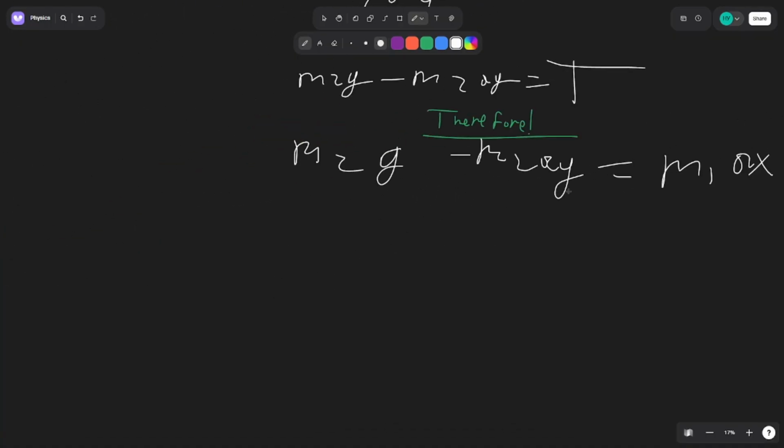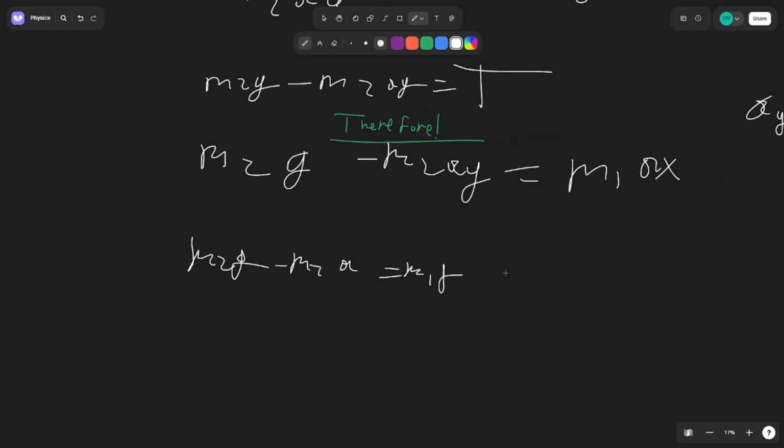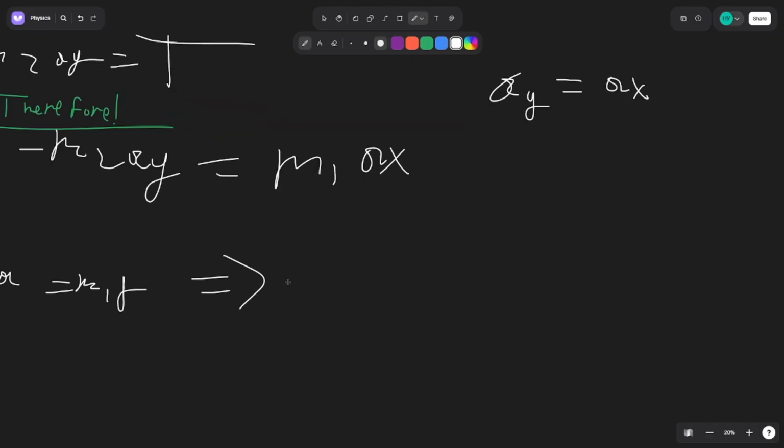So this is basically the same thing. And we can say that m2g minus m2a equals m1a. So therefore, m2g equals m1a plus m2a.